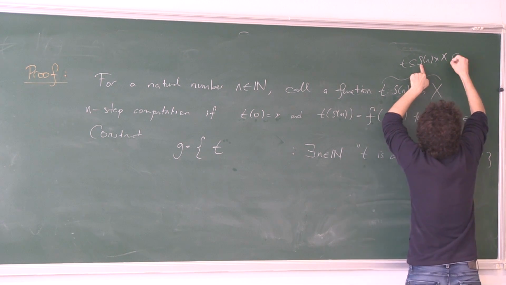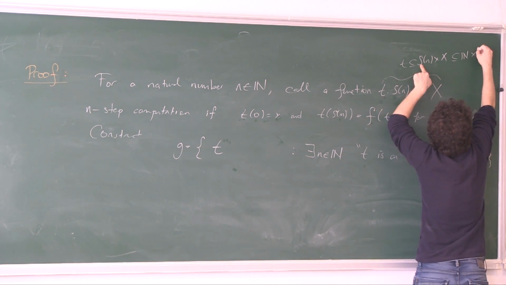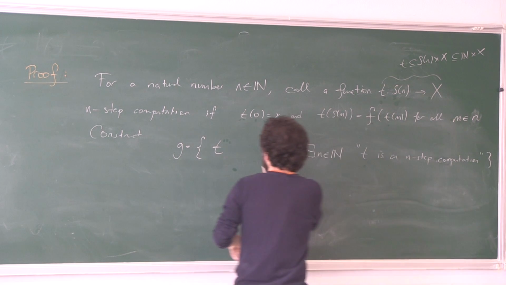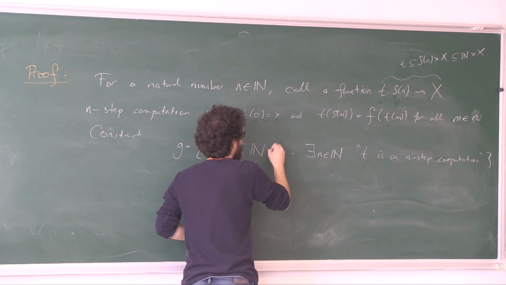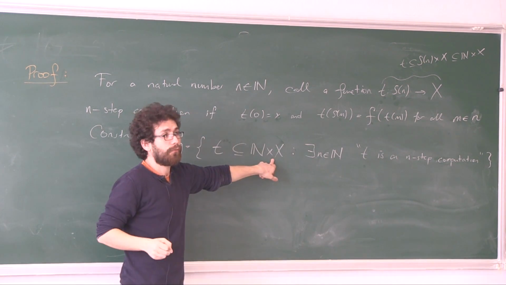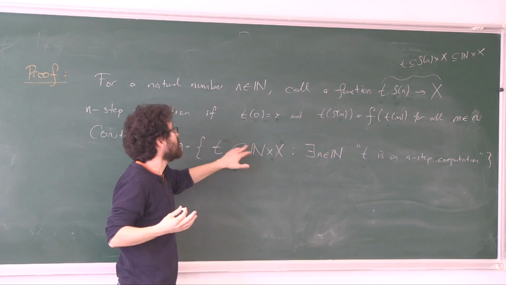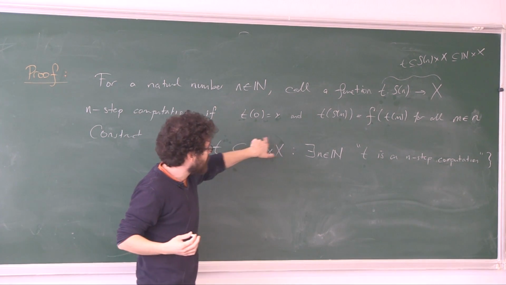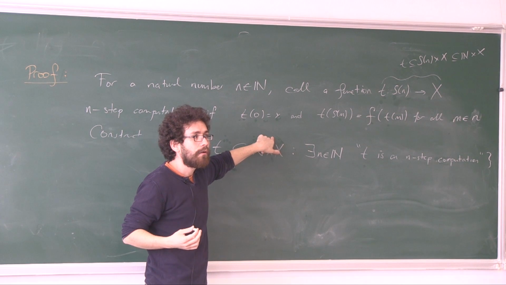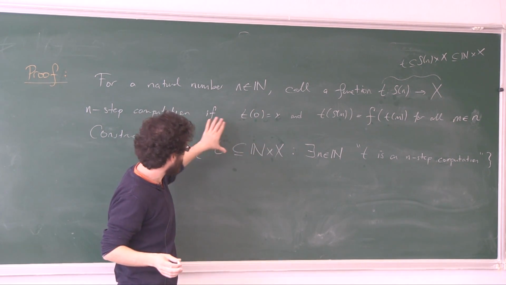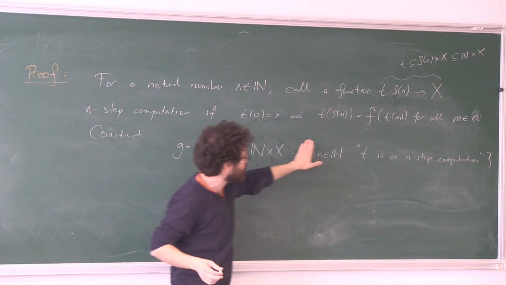Well, this is a subset of natural numbers. So all n-step computations come from this set. I'm not saying that every element of this is an n-step computation, but what I'm saying is n-step computations are subsets of this specific set. So by the axiom of separation, this is a set. I take the elements of this set which satisfy a certain property.